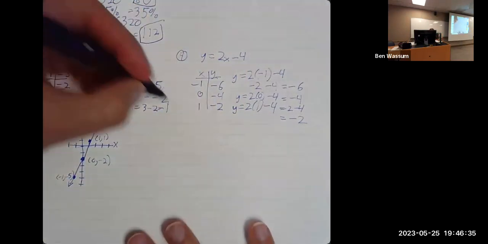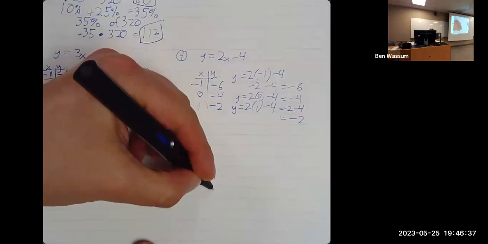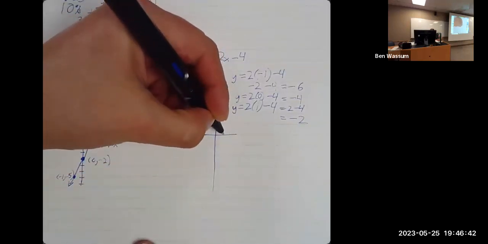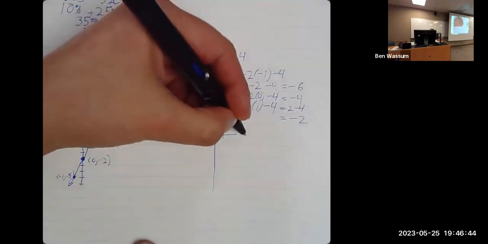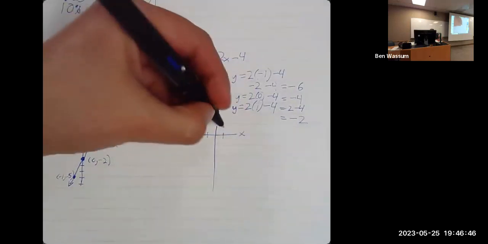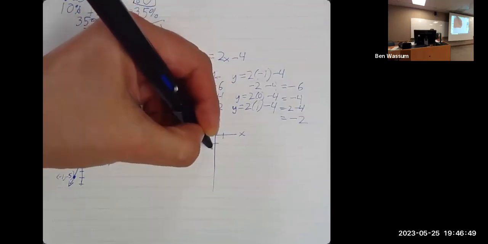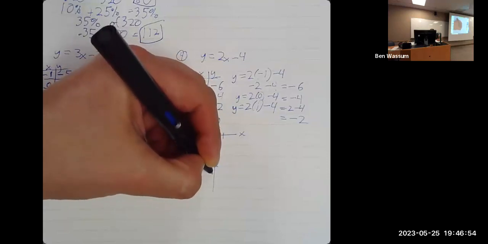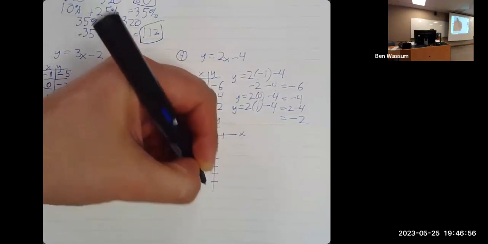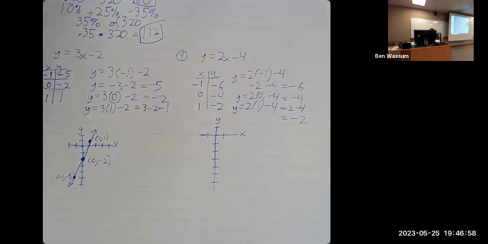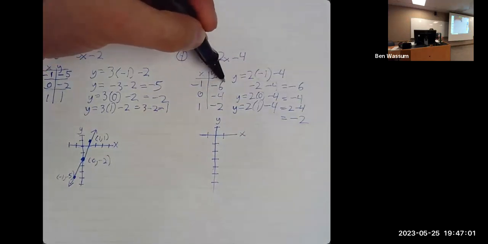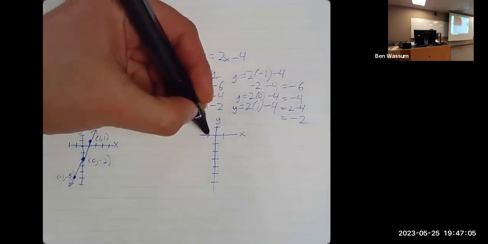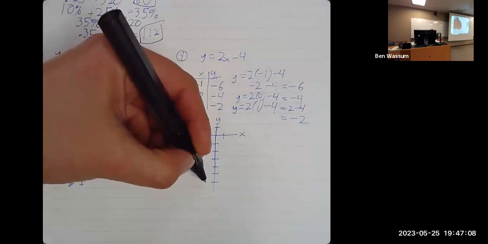We're going to go ahead and graph these. I need about the same distance as last time. So for our first point, we have -1, -6. So -1 on the x and -6 on the y.